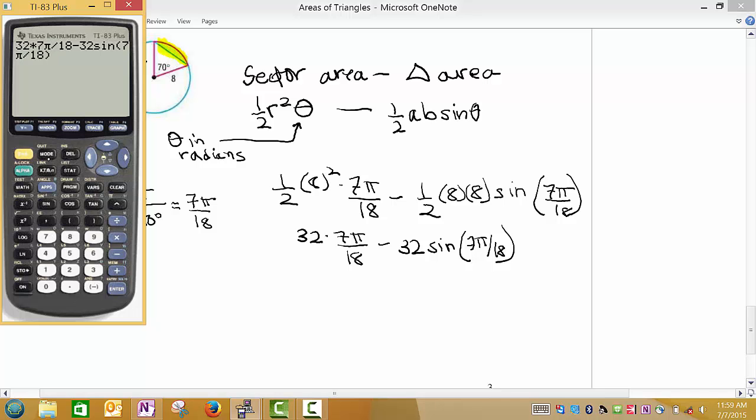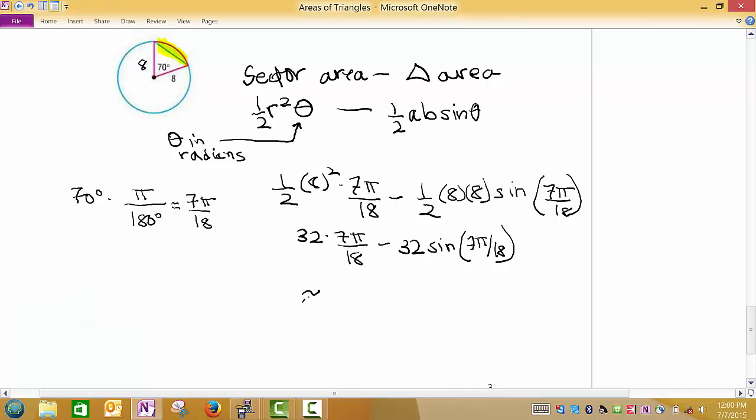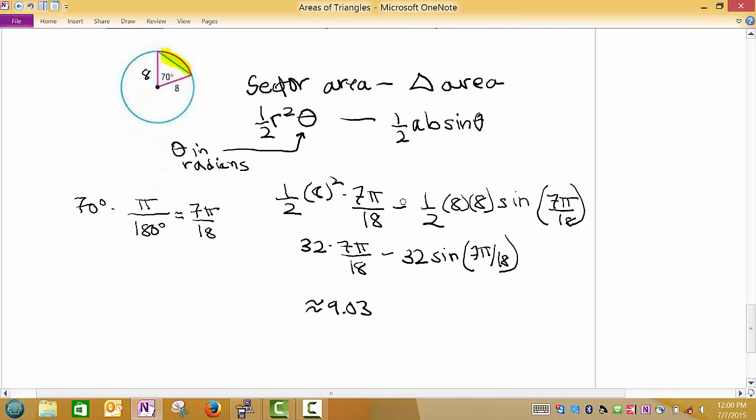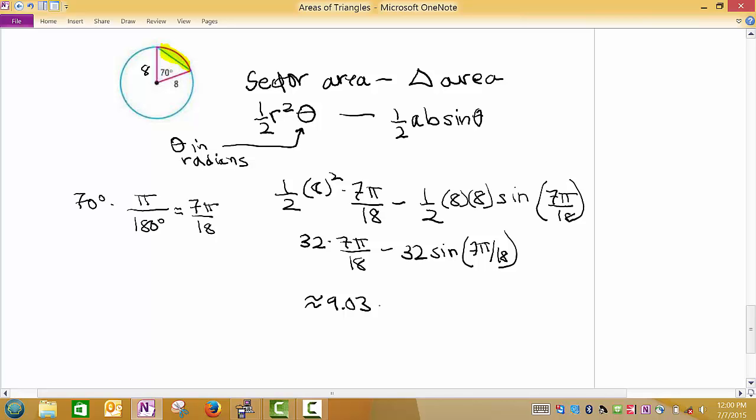I'm going to check the mode. It's in radians, and that's good because the angle's in radians, so about 9.03. And let's see, these were in just no label, so we would say 9.03 square units.